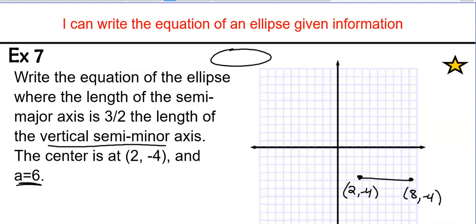And then we can also go in the other direction. We can go back 6, which is going to put us at (-4, -4), like that.